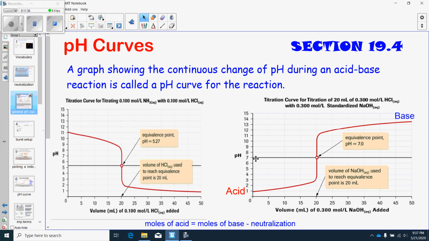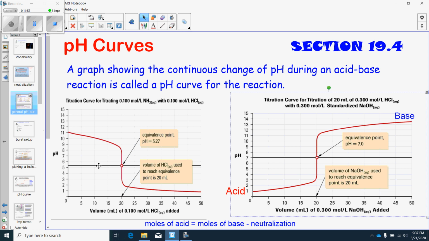Strong acid, strong base, they're going to meet in the middle. And when they neutralize, their pH is going to be 7. This was a very strong acid, down here at 1. It turns into a very strong base up here at 14, almost 13, 14. So when you work with a strong acid and a strong base, neutralization is going to happen very close to 7.